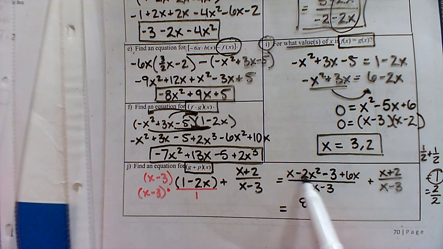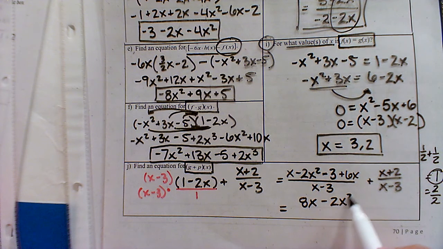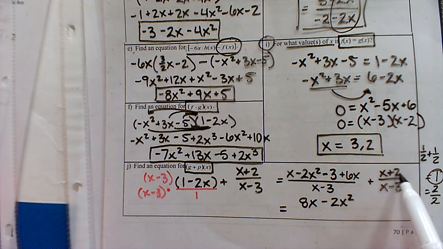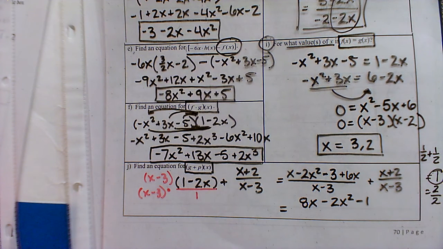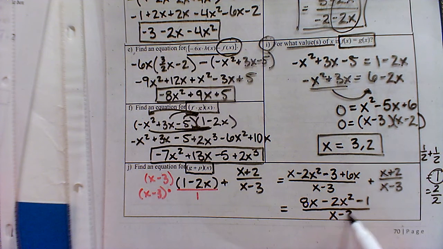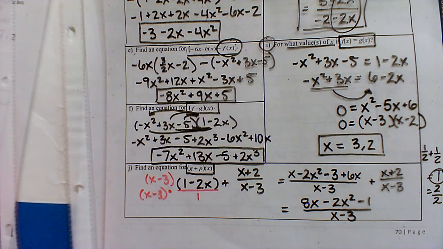The next term is a negative 2x squared, and we don't have any more of those, so that one can stay. And our number terms, we have a negative 3 plus a 2, which would leave us with a negative 1. So after we add all those like terms, we're going to keep the common denominator, which was that x minus 3.